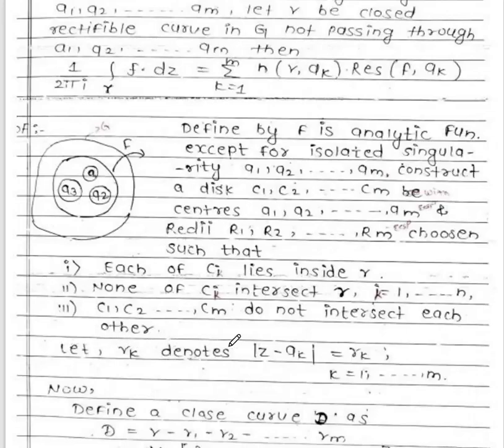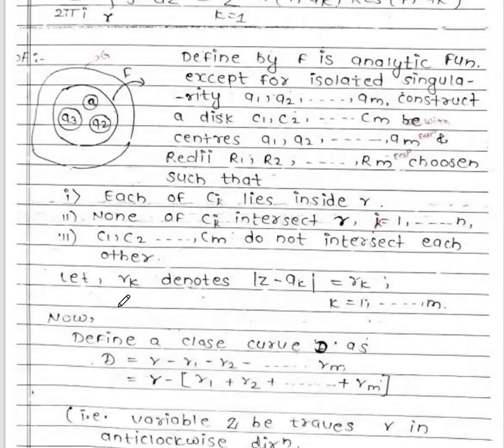The circles c1, c2, ..., cm do not intersect each other, and let us denote gamma k as mod z minus ak equal to rk, which represents a circle whose center is ak and radius is rk, where k is 1 to m. Okay. Now let us define a closed curve D, which is defined as D equal to gamma minus gamma 1 minus gamma 2 and so on, minus gamma m.